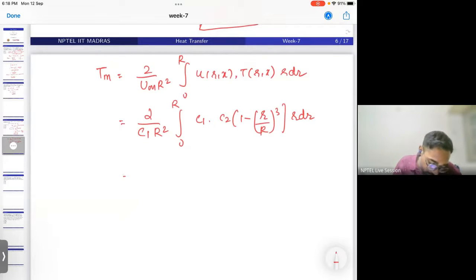So let's take the common constants out of integration.